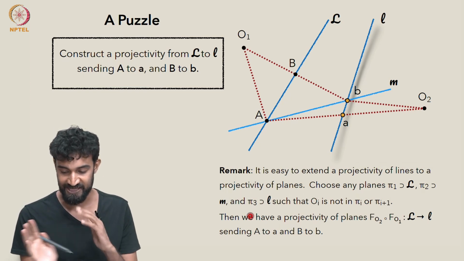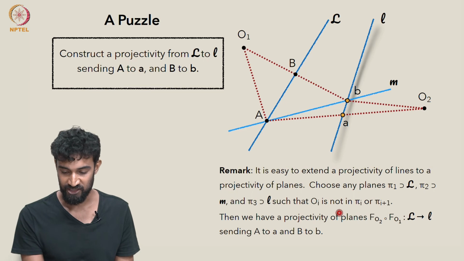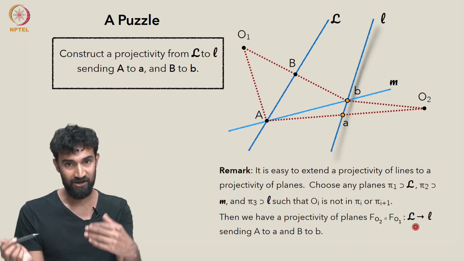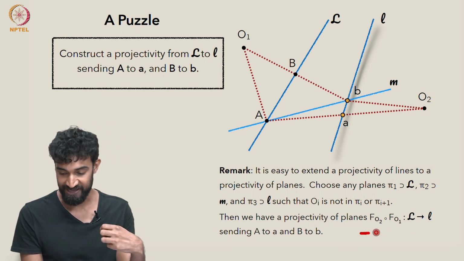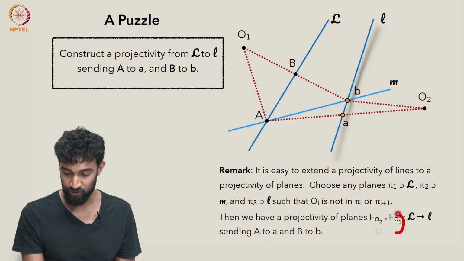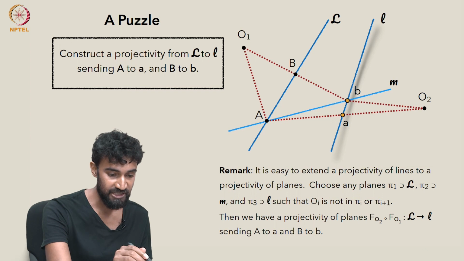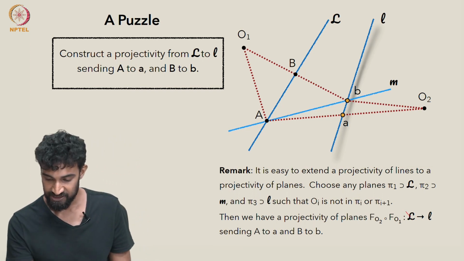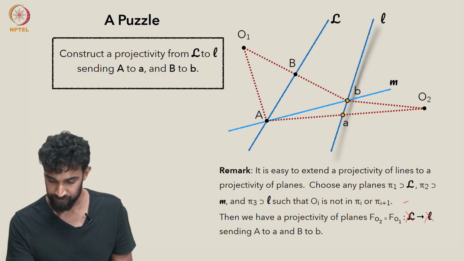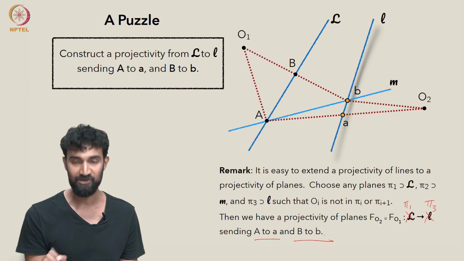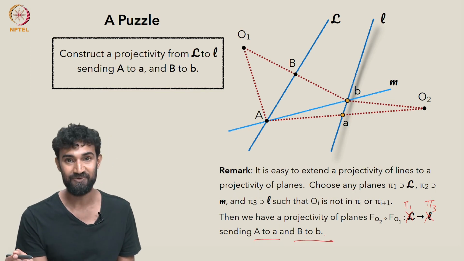Just choose any planes like that, such that these centers are not in any of the planes just before or after them. And then we automatically get a projectivity of planes. F_O2 composed with F_O1 will give us a projectivity of, oops, I have a small typo here, planes pi1 to pi3, which sends capital A to little a and capital B to little b. So that'll come in handy later on.